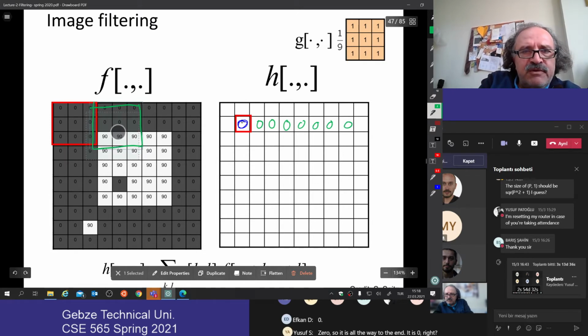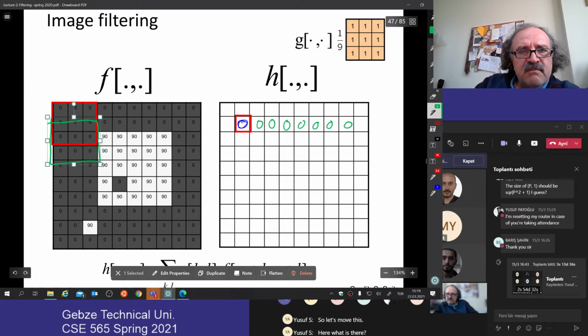So let's move this here. What is the median of this part here? It is 0 again. How about this one? Again 0, right? Interesting things happening right now.